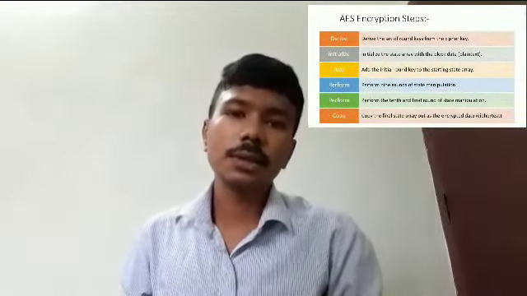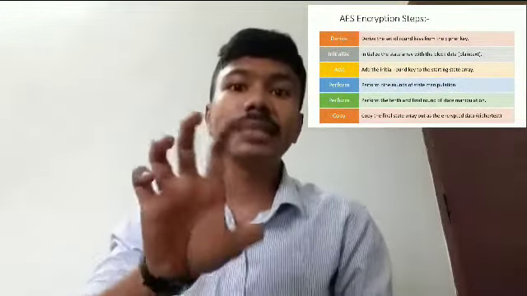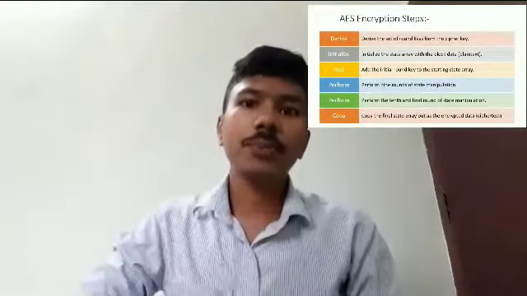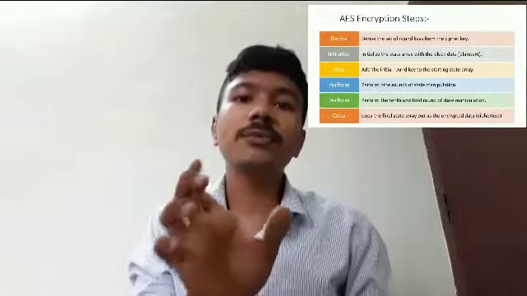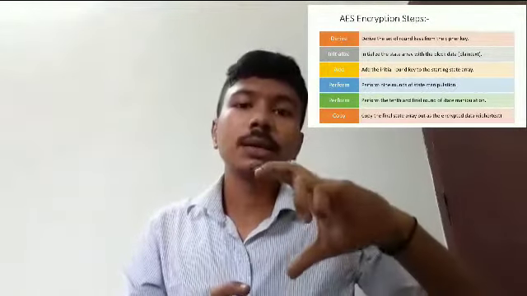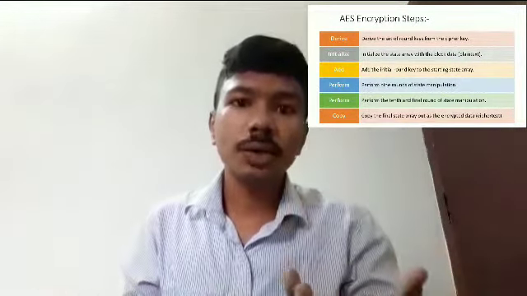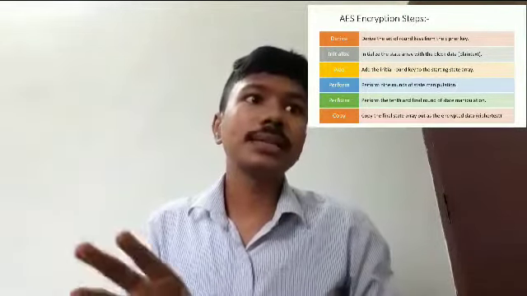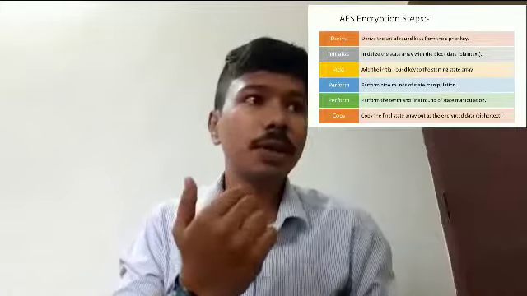Next slide. AES encryption steps. There are mainly 6 points. They are very interesting but easy to understand, so I will just read them out. First, derive the set of round keys from the cipher key.